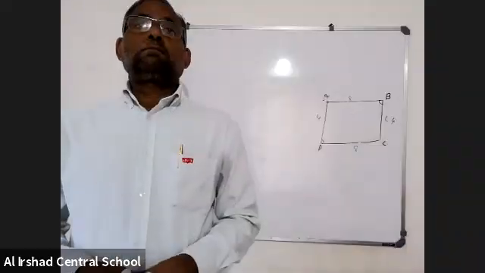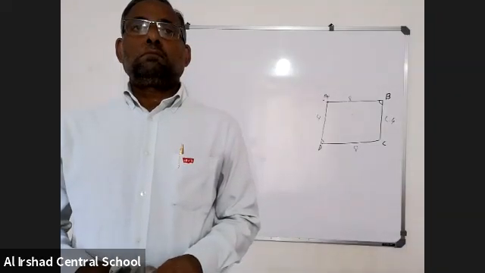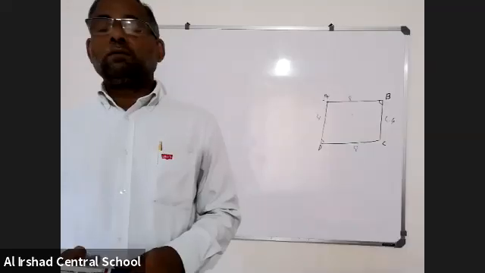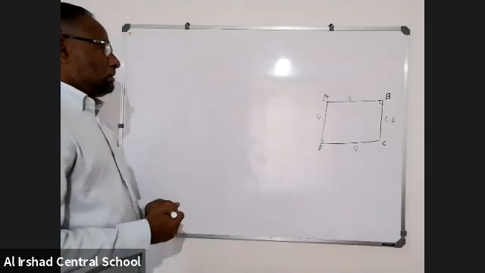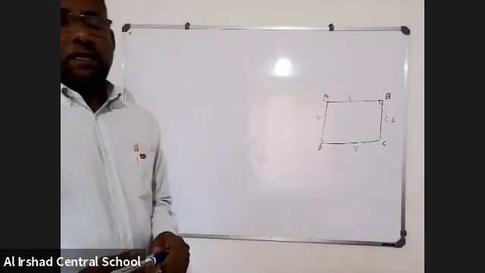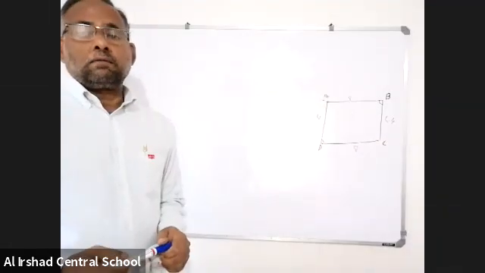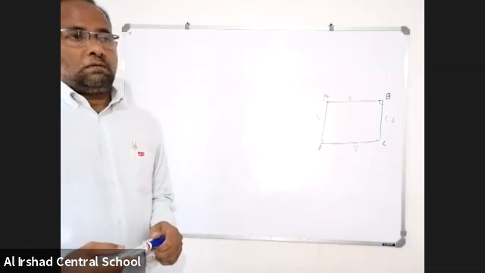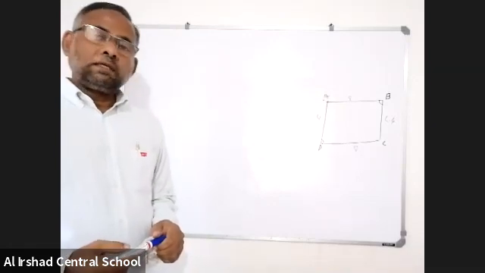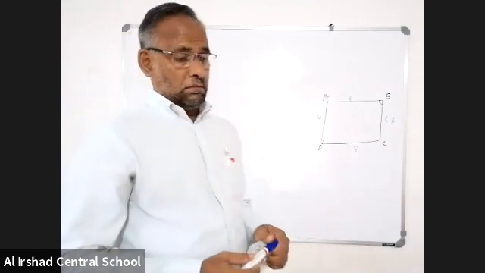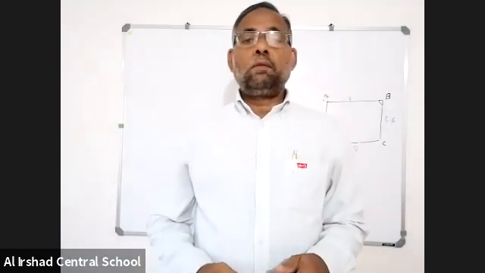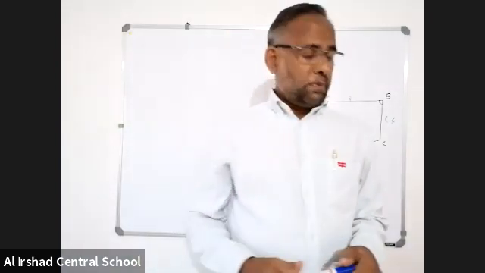Can we? One pair is parallel or equal. What is the shape there? What is the name of that quadrilateral? Anybody please? Morning also I explained that.